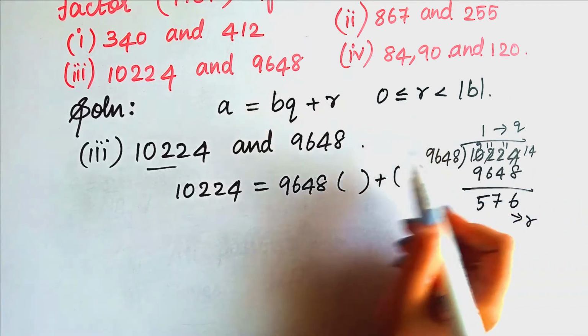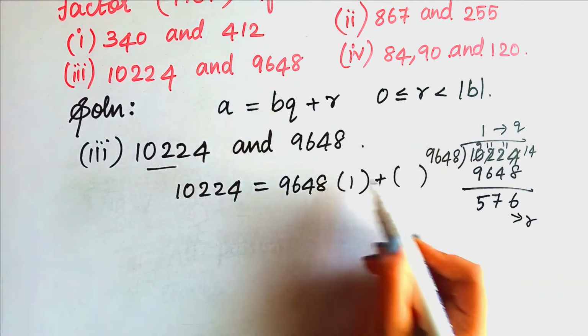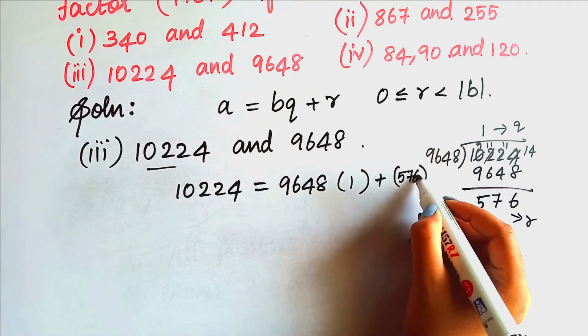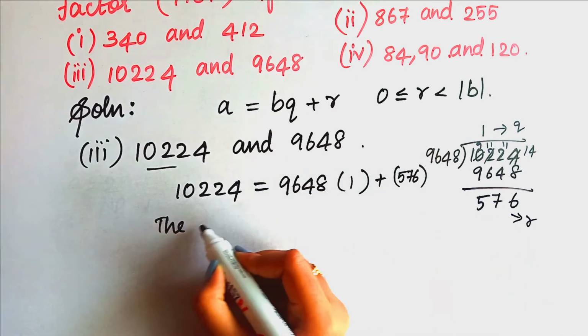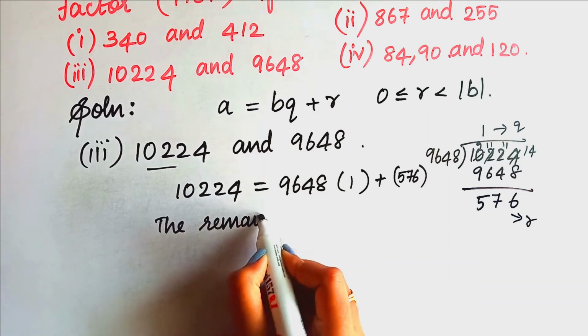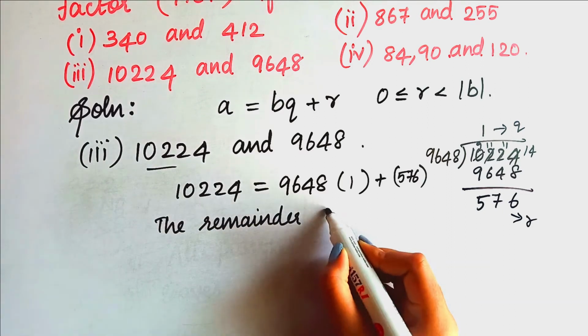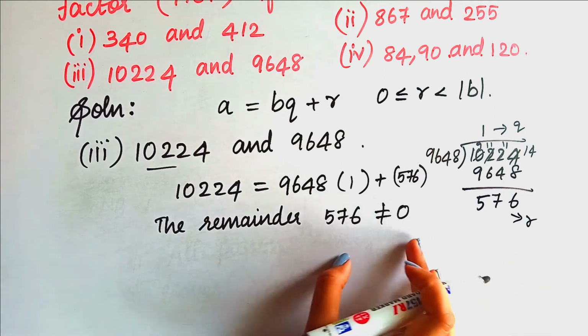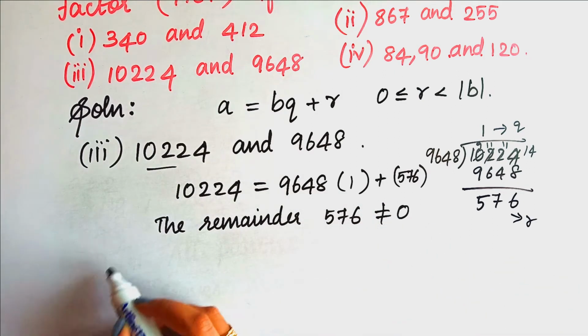Okay, so let's substitute the quotient, which is 1, and the remainder is 576. So here you can see that the remainder 576 is not equal to 0, right? So then what you have to do, you have to make another step.